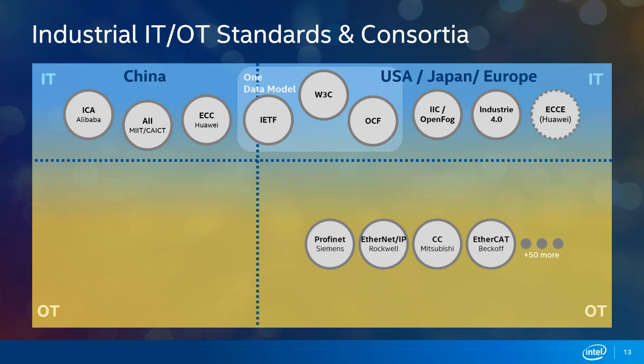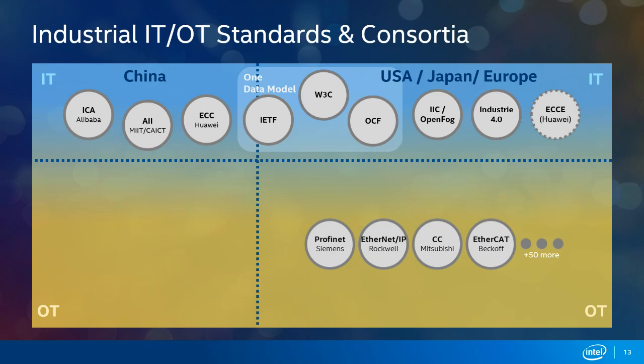And then Huawei, before the recent pandemic and some of the global trade issues, was forming an ECC Europe with some partners in Europe. There's also some common things like W3C and IETF that have been around for a long time, and they've been working on web technologies, networking technologies.